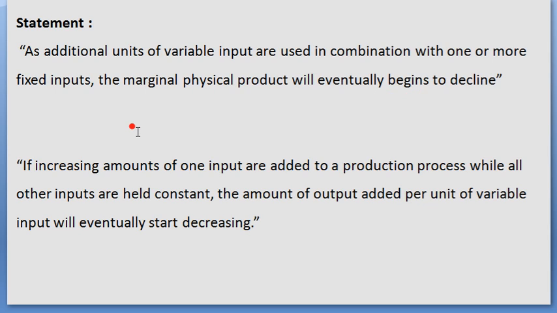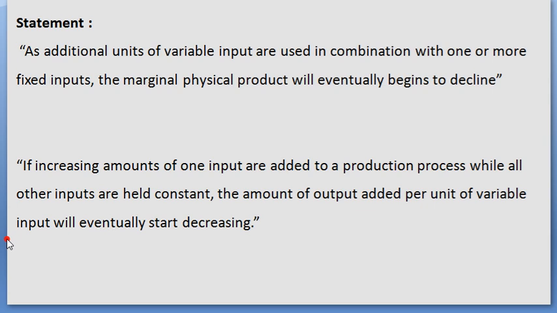We can also state this principle in another way: if increasing amounts of one input are added to a production process while all other inputs are held constant, the amount of output added per unit of variable input will eventually start decreasing.